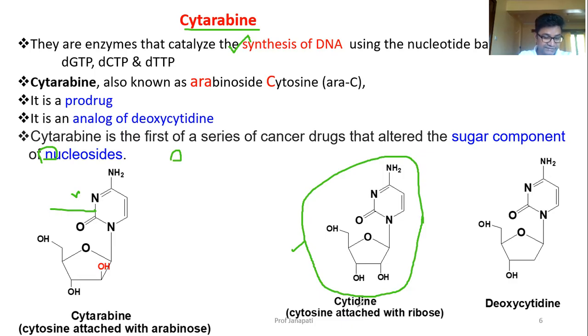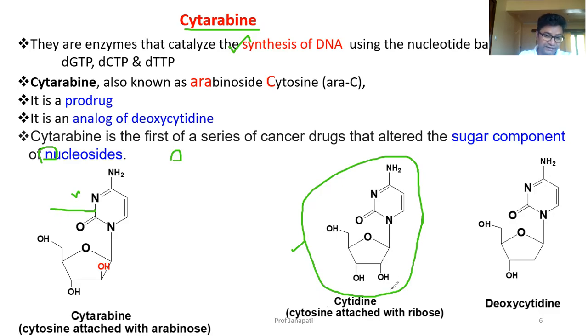This is cytidine, as we told: cytosine attached to ribose sugar. If there is no hydroxyl group here, then it is a DNA component.